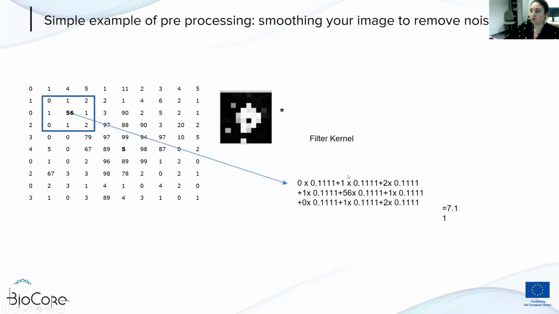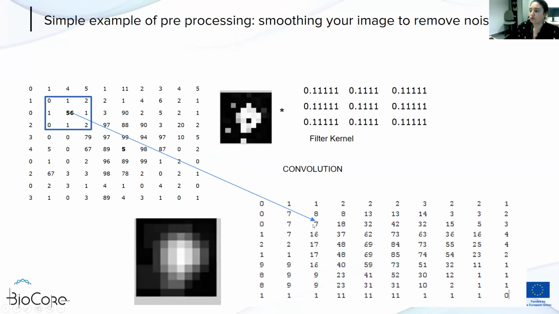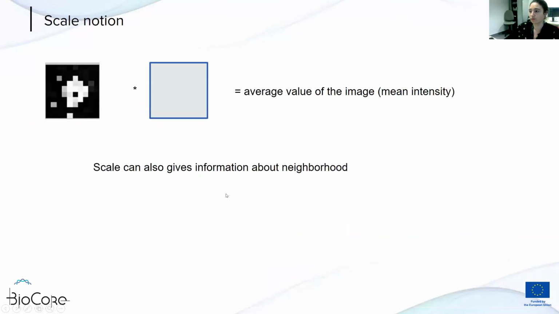So what you did here was just multiplying by 0.11, which is actually 1 over 9. You had 9 cells considered, and this is exactly an average value that you computed. Then you obtain a new value that would be the average value for this particular area, and that will replace this value in the new image. And you do that for every pixel in the image until you obtain a new image with filtered values.